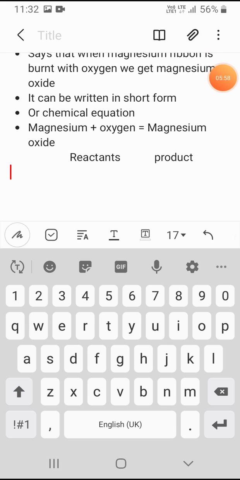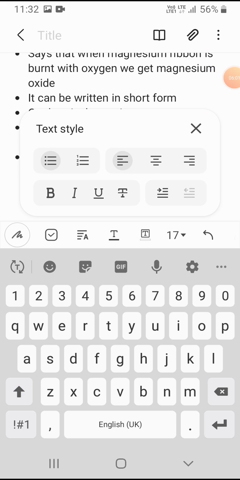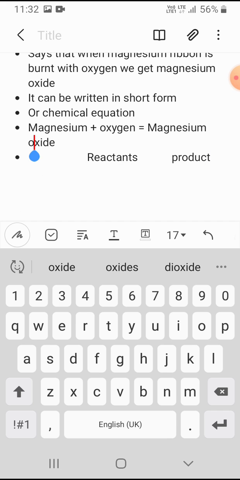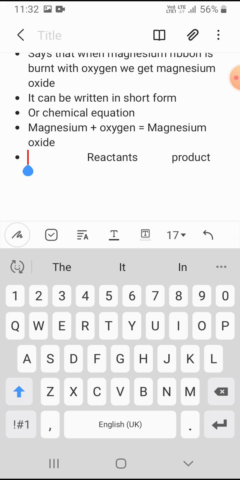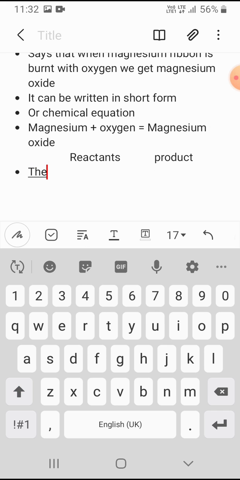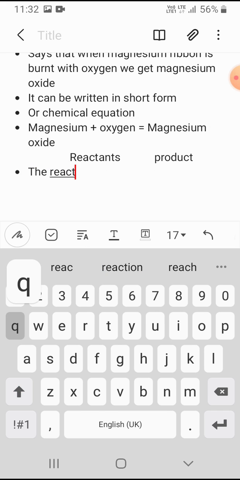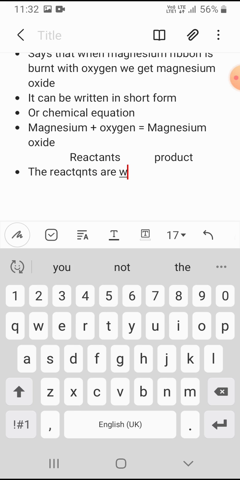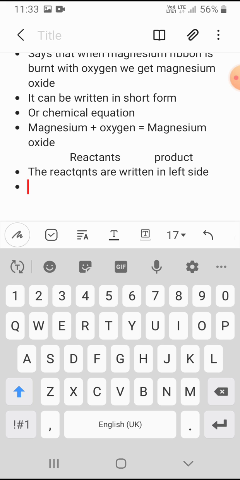The reactants are written on the left side. Here, magnesium ribbon and oxygen are the reactants, and they are written on the left side.